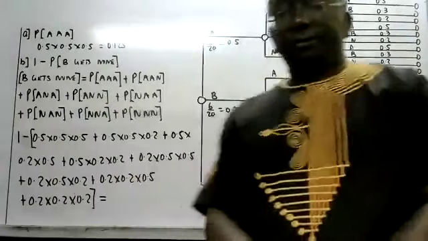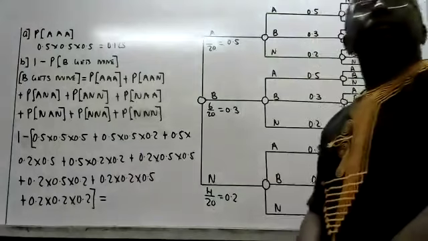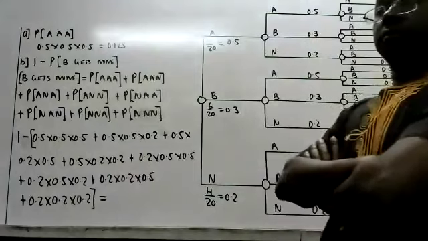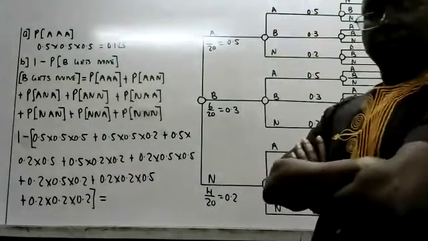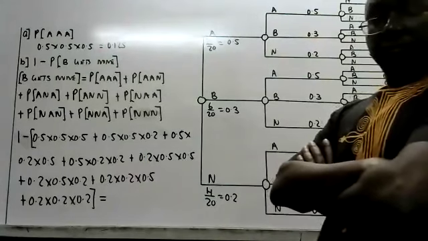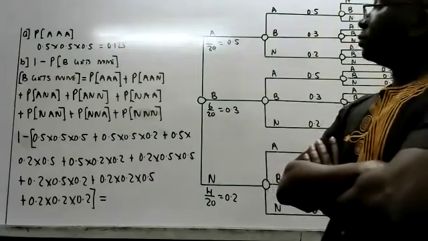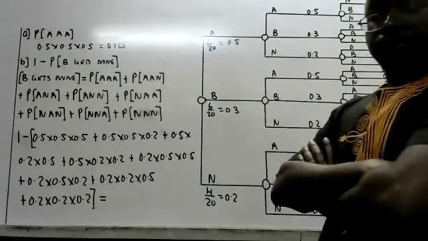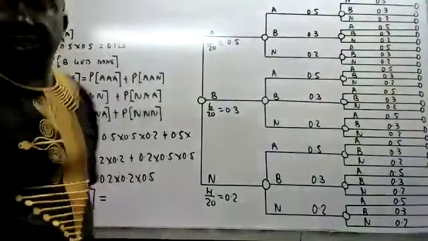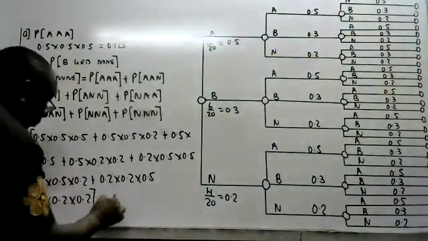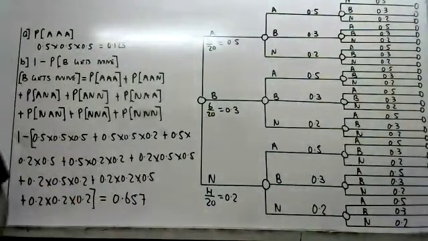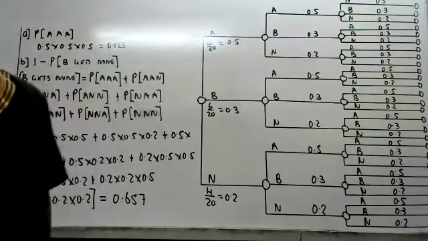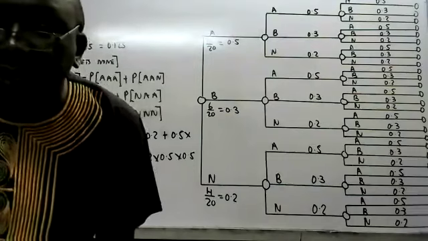The answer. Yes, Ibrahim says 0.657. Yeah, I can see Sarah, I can see Irene.